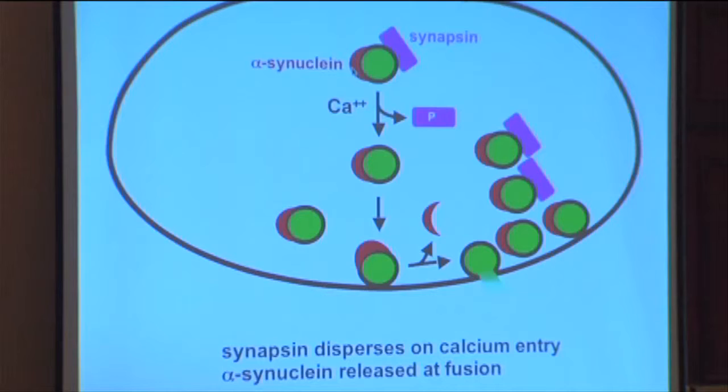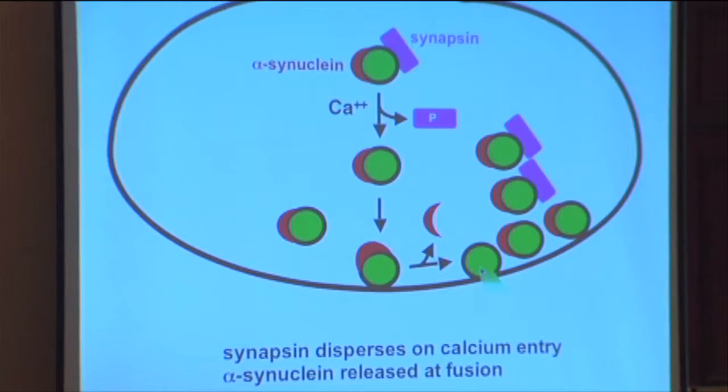Basically what we found by doing these kinds of experiments is that synuclein is a protein that loosely associates with these vesicles, which are called synaptic vesicles, that release the neurotransmitter. It comes on and off. And basically what happens, I keep losing my arrow, is that when the vesicle fuses with the plasma membrane to release the neurotransmitter, the synuclein comes off at that step.